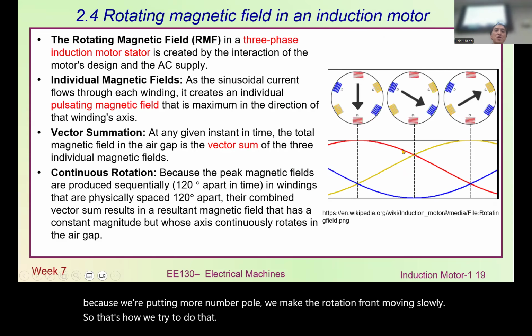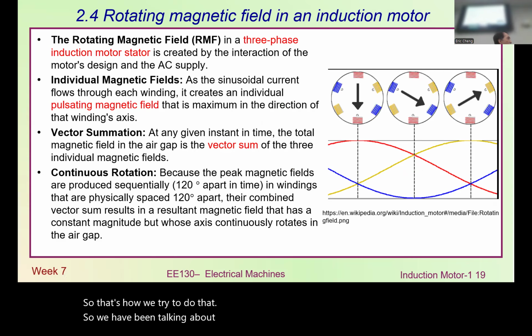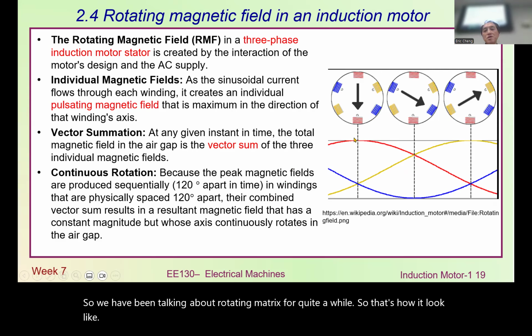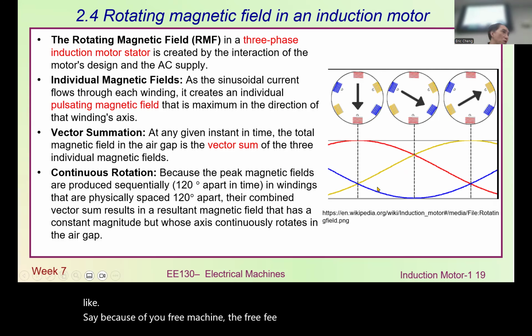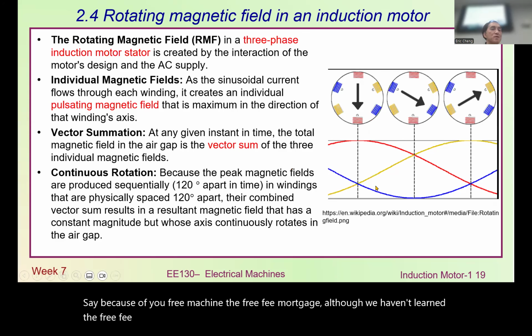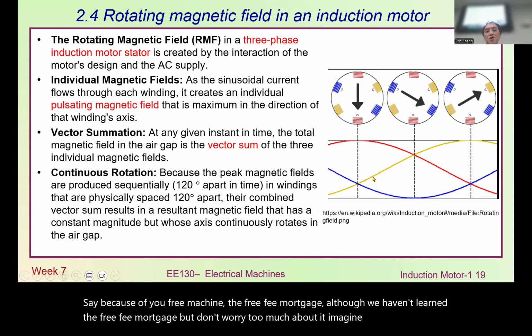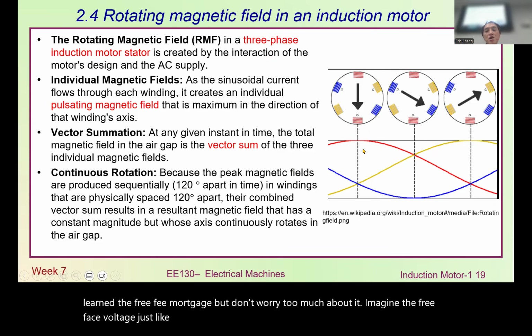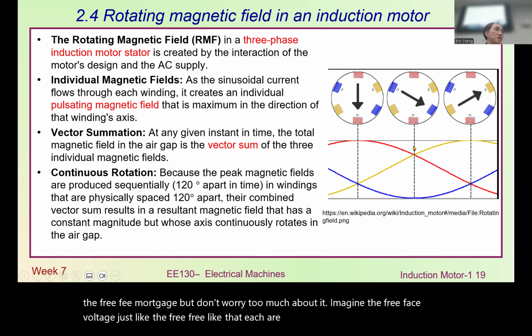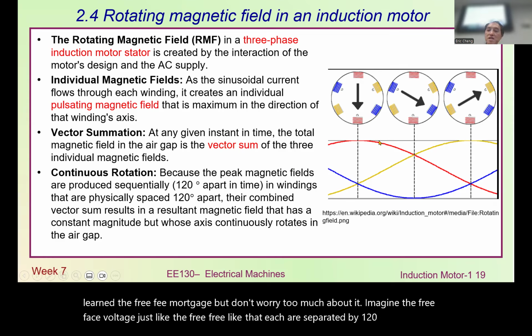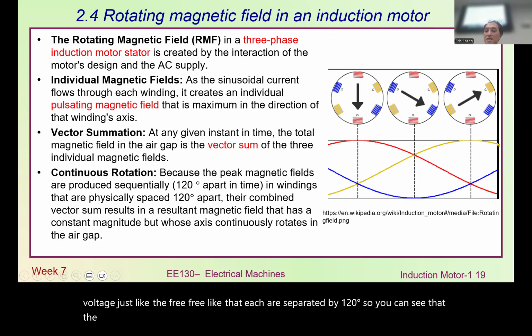So we have been talking about rotating magnetic flux for quite a while. Say we have a three-phase machine, with three-phase voltage. Although we haven't learned three-phase voltage, don't worry too much about it. Imagine the three-phase voltages, each separated by 120 degrees, going up and down in such a way.